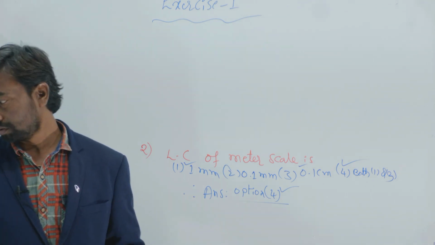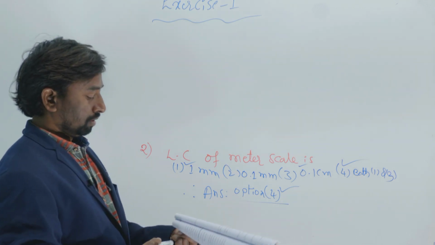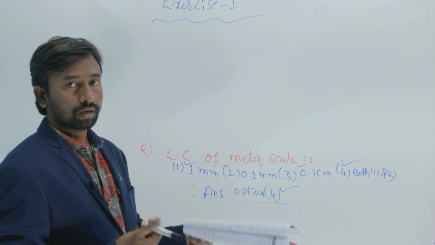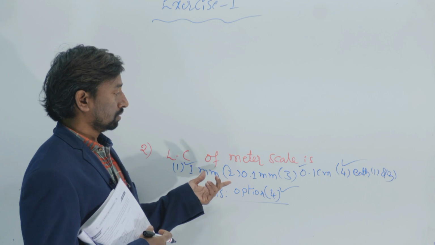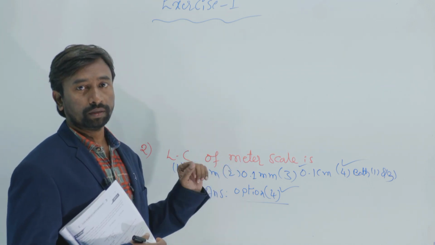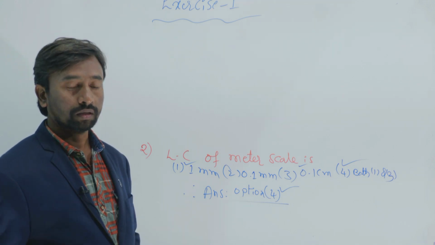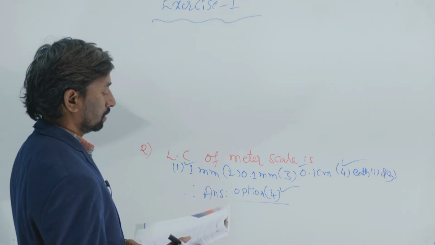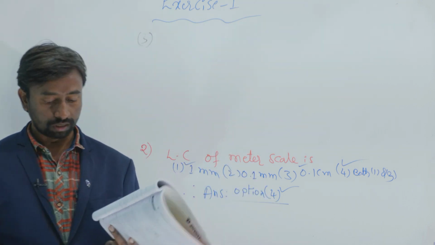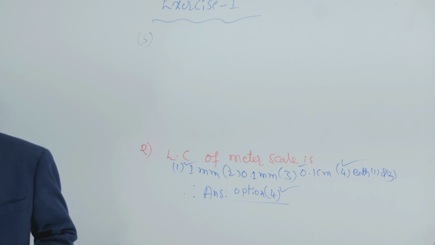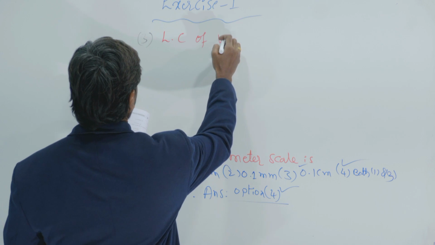Vernier calipers is a device which can measure the 100th part of a centimeter, while a screw gauge measures the 100th part of a millimeter. The device which can measure the 100th part of a centimeter is called the vernier calipers. So the least count of vernier calipers.